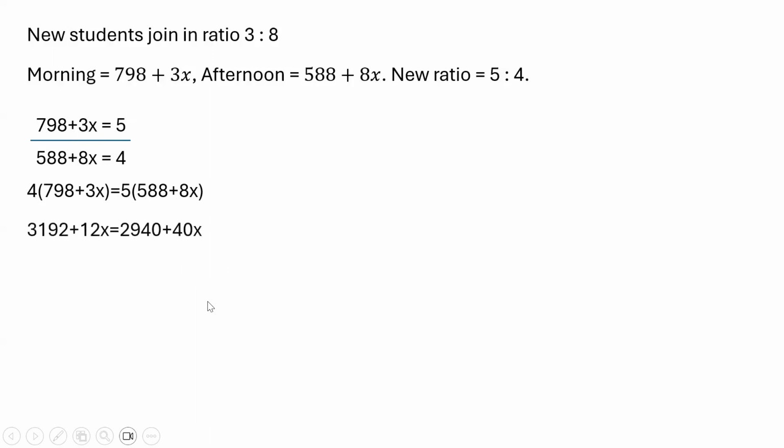So when you solve this, you will again get the value of x as 9, and 27 and 72 as the number of students who joined in morning shift and afternoon shift respectively, and the total number of students who joined is 99, right?